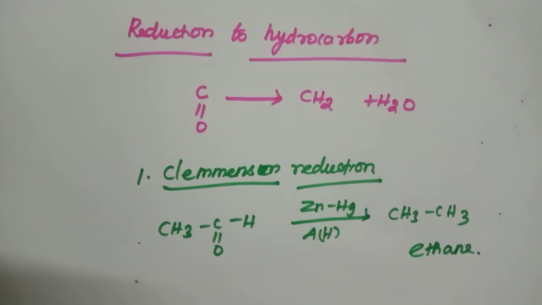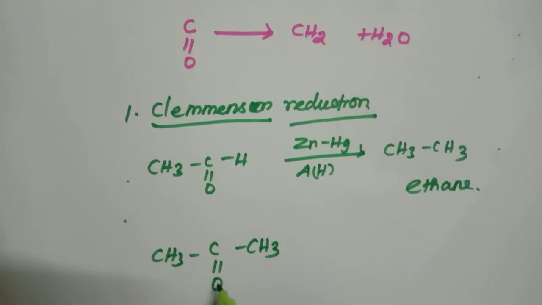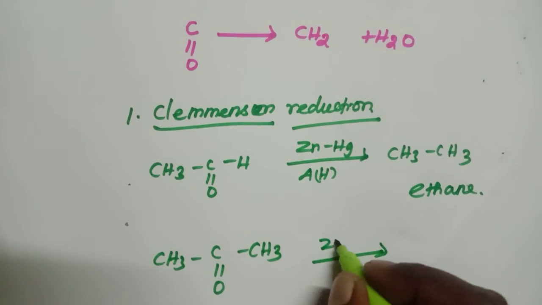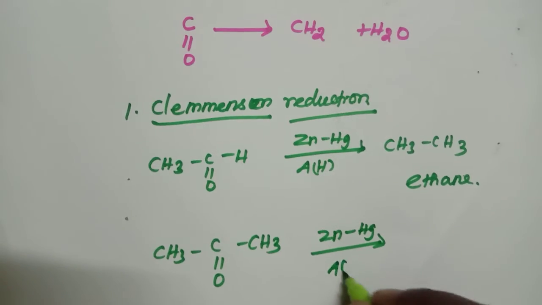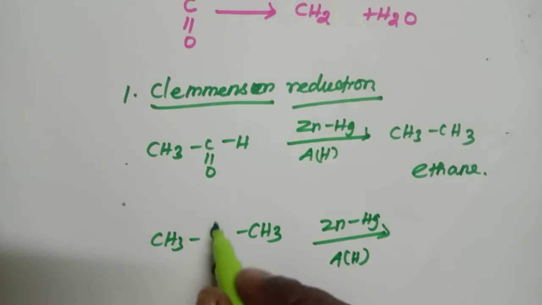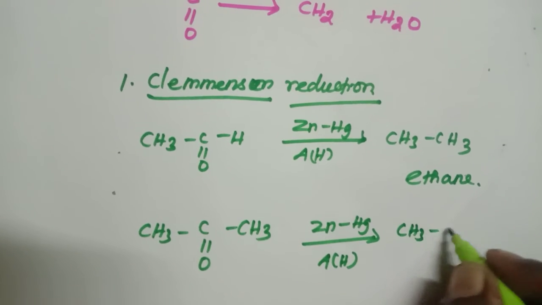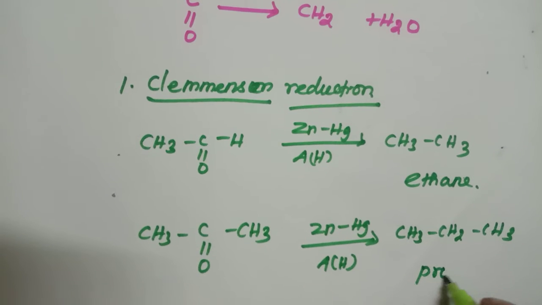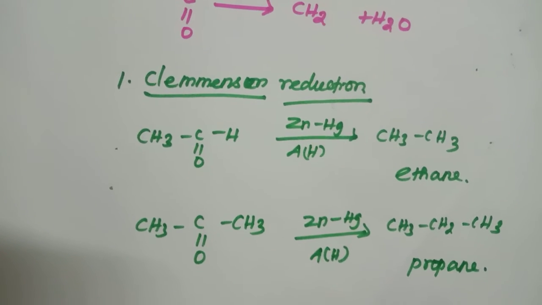Second one is CH3 C=O CH3, a ketone. In the same way, when this acetone is treated with zinc amalgam, this group is reduced into a methylene group, so we will be getting CH3 CH2 CH3, propane, a hydrocarbon.